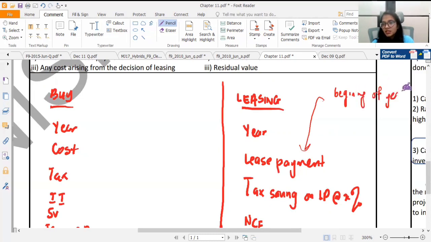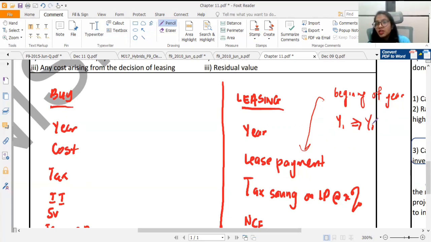When he says at the beginning of the year, normally you pay in year 1, you will record it in your NPV format as year 0. Why do I say this? Because students' misconception is that whenever he says beginning of the year, it means year 0. No, whenever he says beginning of the year, it means beginning of year 1.